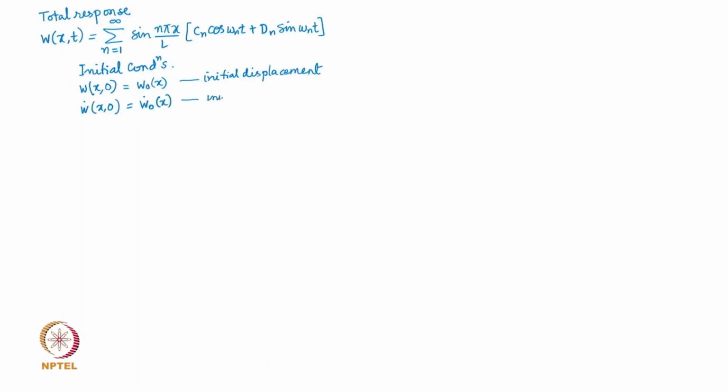This is basically the initial velocity at all positions x, x being a continuous variable. Okay, now how do we find this out?